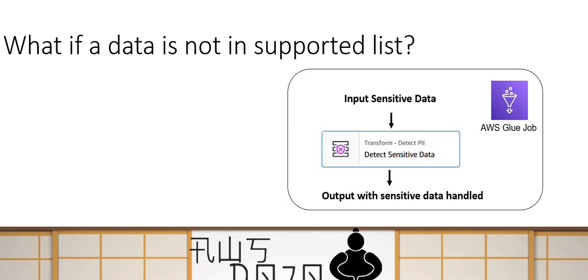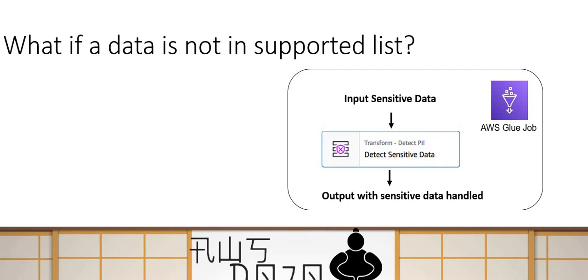And that is, what if you are trying to identify certain data which is not in the supported list? For instance, you saw that it's identifying only identities from US, UK, or Japan. Suppose you are living somewhere in Europe and you have some special identifier from that country, and you want to identify that, and it is not supported in the out-of-box sensitive data identifier.